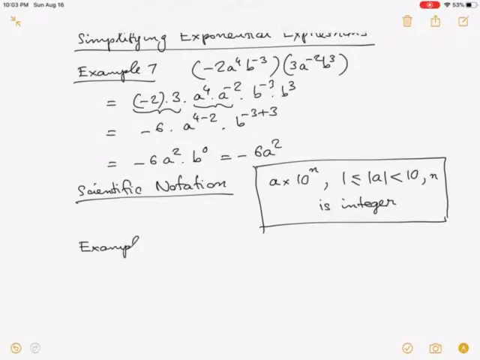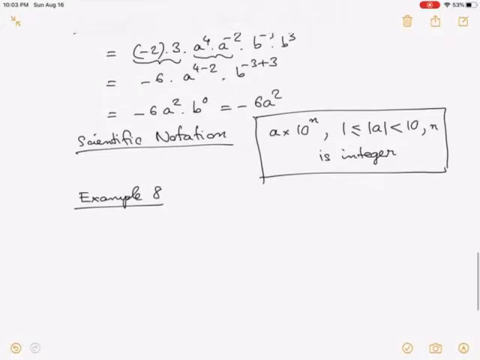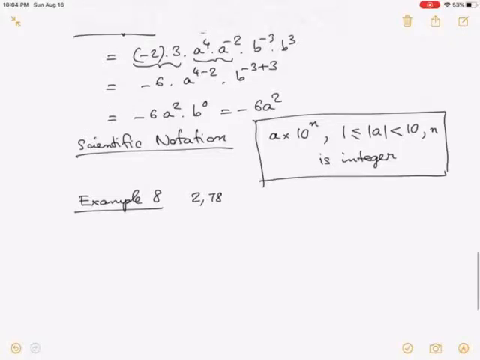Example. So, for example, 2,700,000,418.